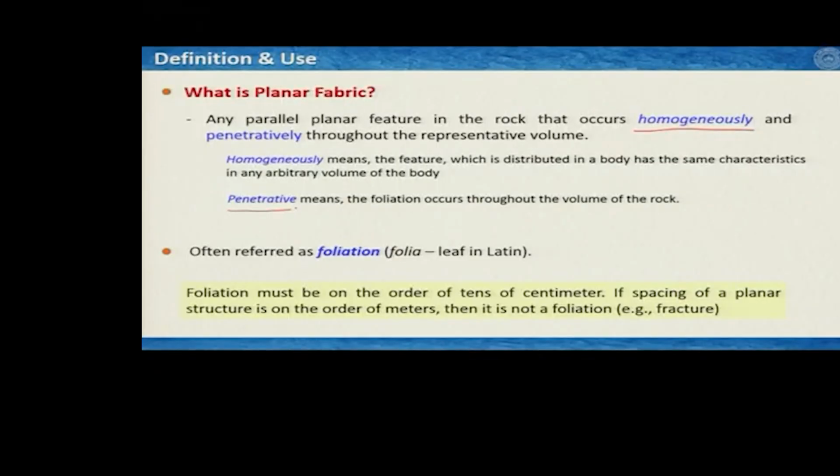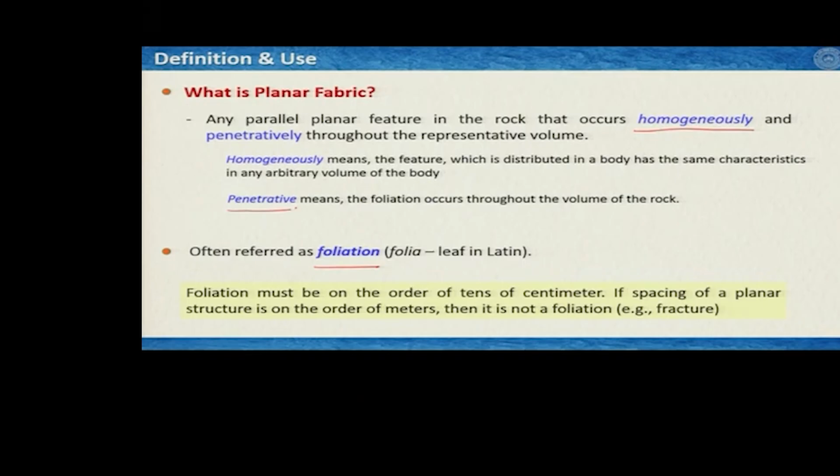The trace of the fabric should be present at any orientation except the plane it is occurring in. These planar fabrics, as we have already understood, are known as foliation. The word foliation comes from the Latin word folia, which means leaves.